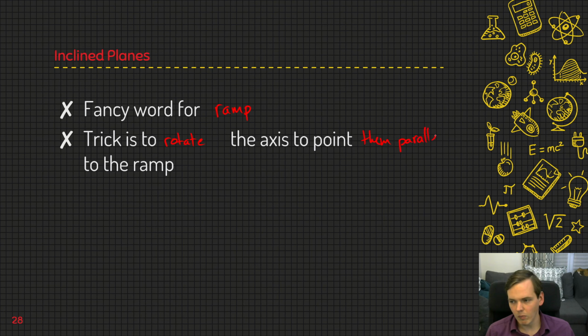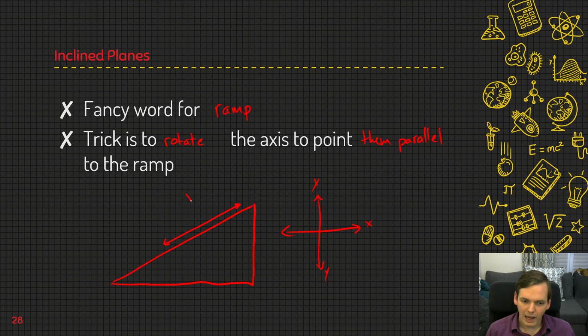parallel to the ramp. So in other words, if you've got a ramp like this, normally we're used to seeing something like this, x and y. What we want to do in this case is rotate it along the ramp and perpendicular to the ramp.